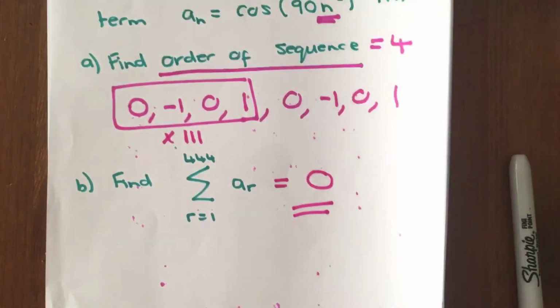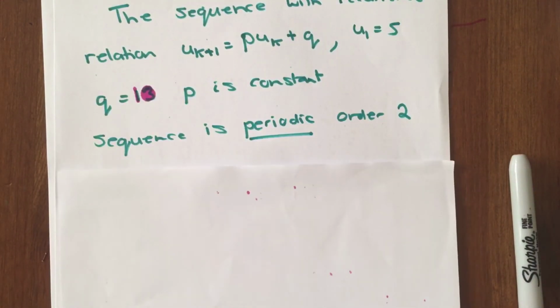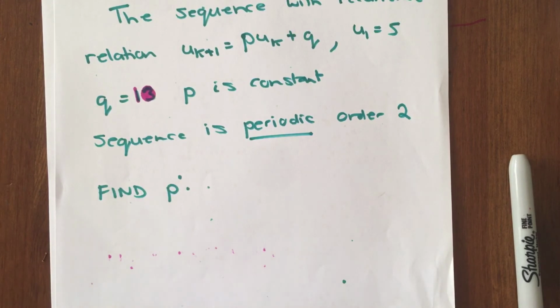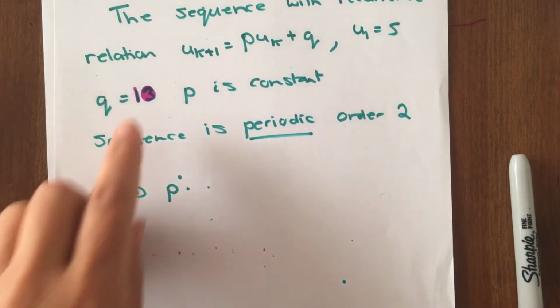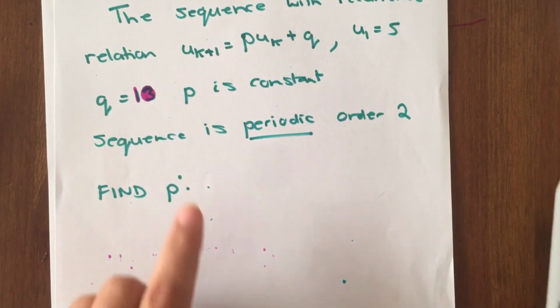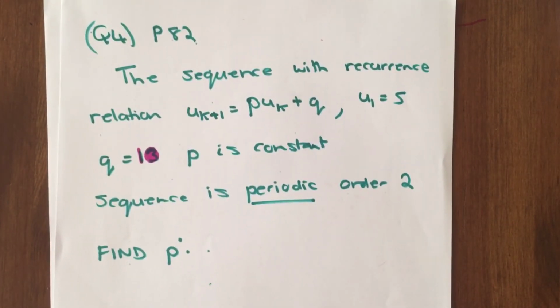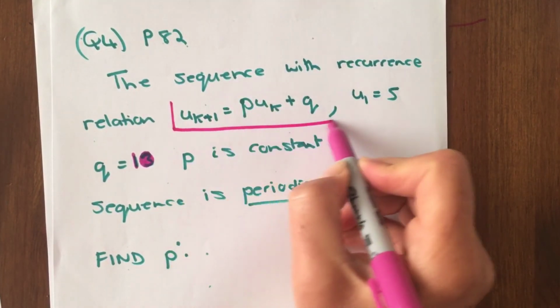Okay, next question, another difficult one. This is my last question. This is question 4 on page 82. There is a mistake in the question. Q is 10, not 13, guys. So you've got your recurrence relationship here.